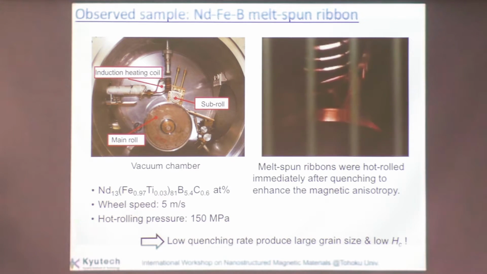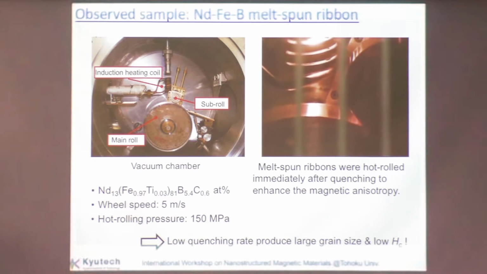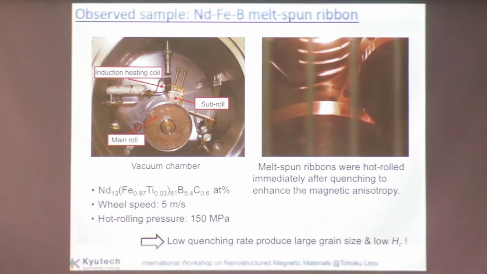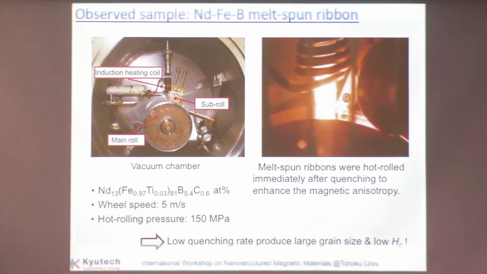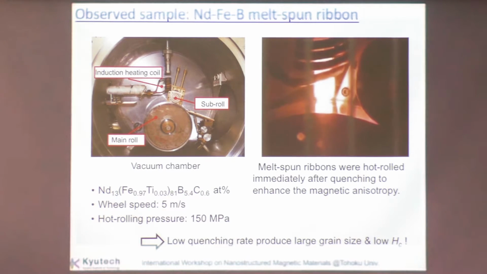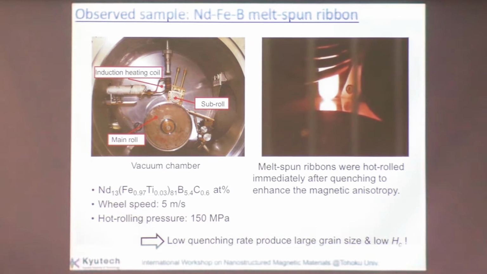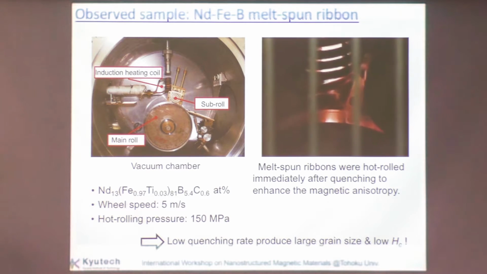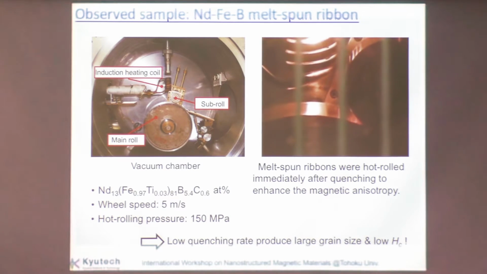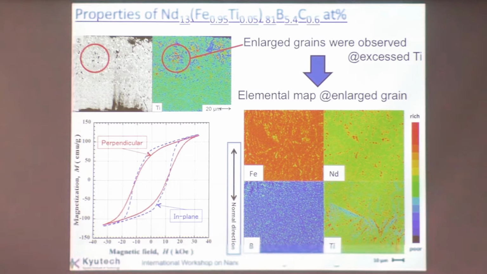In this case, where the wheel speed is very low, a low quenching rate produces enlarged grains and low coercivity. So in this case, we observed the magnetic domain structure and the microstructure of this sample. This figure shows the same image of the melt-spun ribbon, neodymium iron boron, in which titanium was added at 5% of the iron.